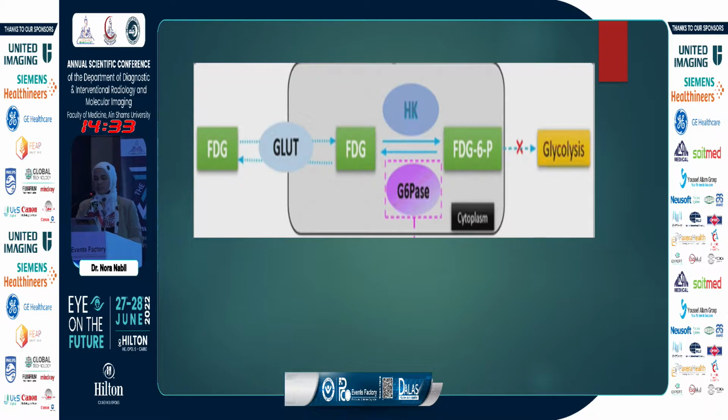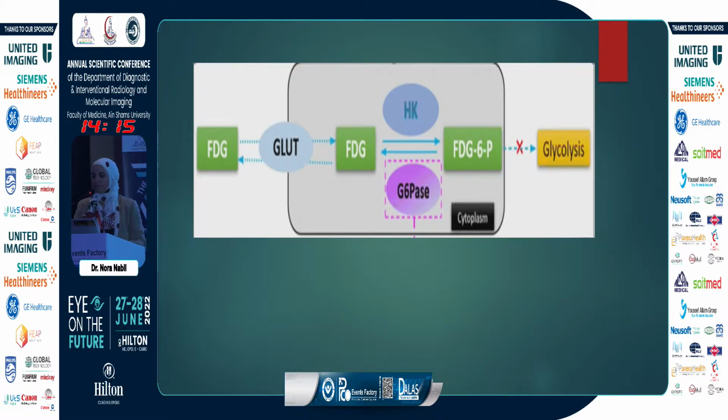Normally, this is the figure of a normal hepatocyte, or a normal cell. FDG is the analog of glucose used as our tracer in PET, taken by the glucose transporter into the cell. FDG is phosphorylated by the hexokinase enzyme to FDG glucose 6-phosphate.